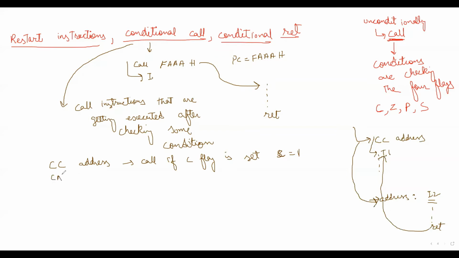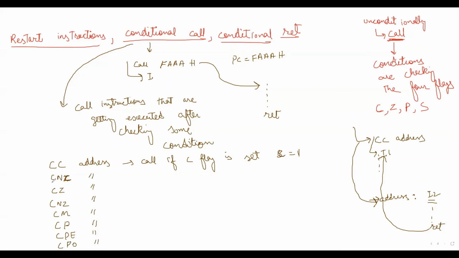Another is CNC, then the subroutine address. Then CZ address, CNZ address, CM address, CP address, CPE address, and CPO address.